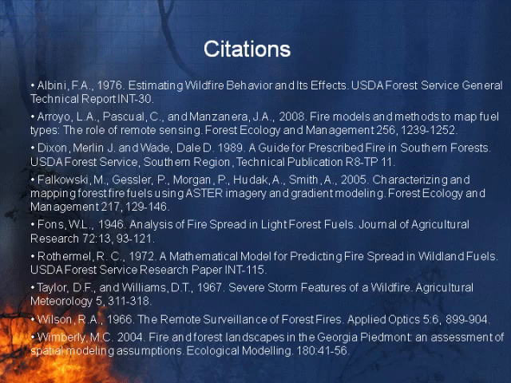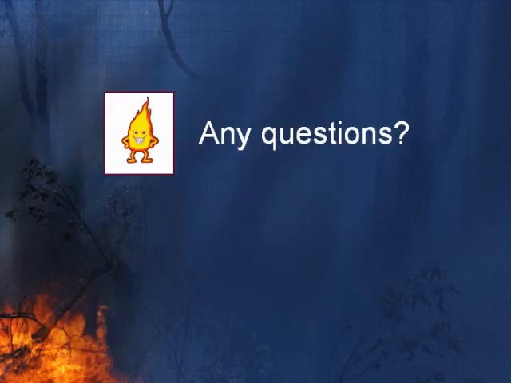You can get it online from the U.S. Forest Service. And there's Rothermel's original paper. He did it at that place in Missoula, Montana, where he was stationed. So okay, there's the citation, and that's the last slide.